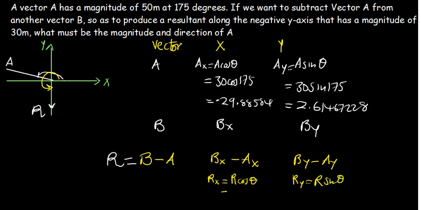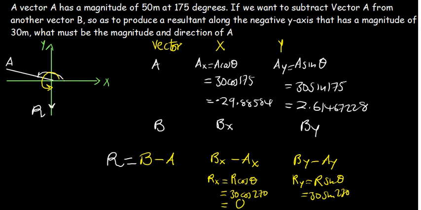The resultant itself is 30, and cos 270 is the angle, and this side is going to be 30 sin 270. Now 30 cos 270, you just know cos 270 itself is 0, so the x component is 0. That is rational because you shouldn't expect to have an x component for this vector because it's along the y-axis.